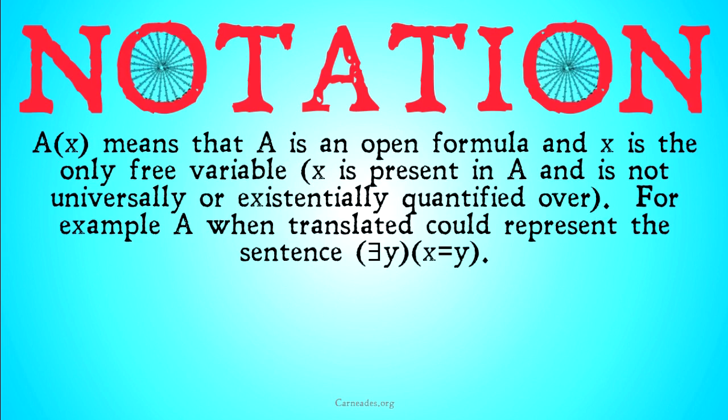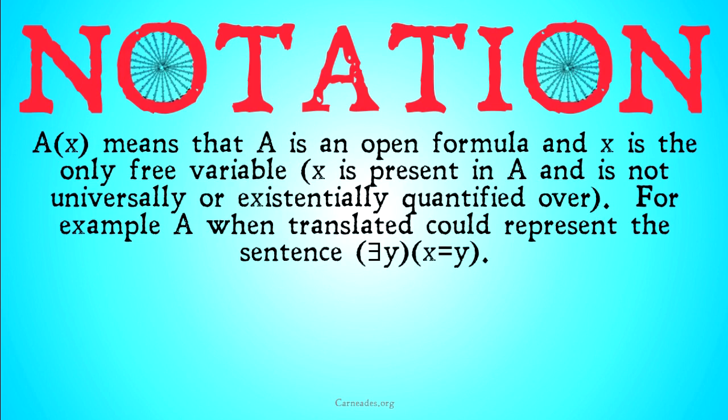It's not a free variable because it has that existential quantifier out front. But x is a free variable because there's no existential or universal quantifier out front. So that variable is free in this A. So A(x) is another way to represent that A is an open formula with x as the only free variable.